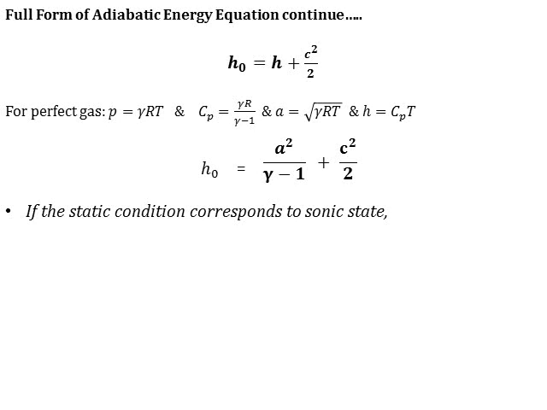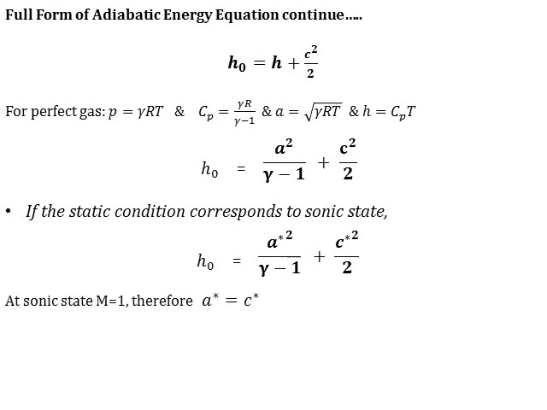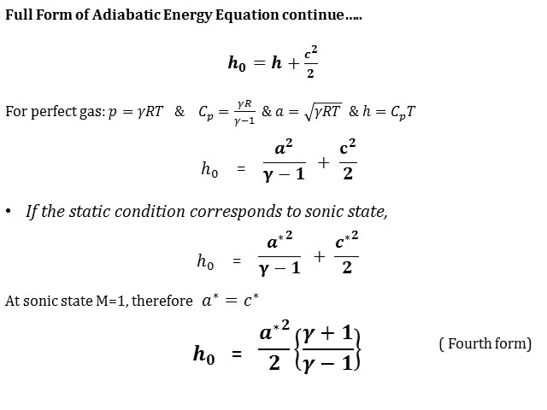In such a case, the velocity terms A and C will be replaced by A star and C star as shown in the third equation. Now, at sonic state, the velocity of sound and velocity of the fluid are equal. So, A star is equal to C star. We can take the term outside and rearrange it in order to get the final form.